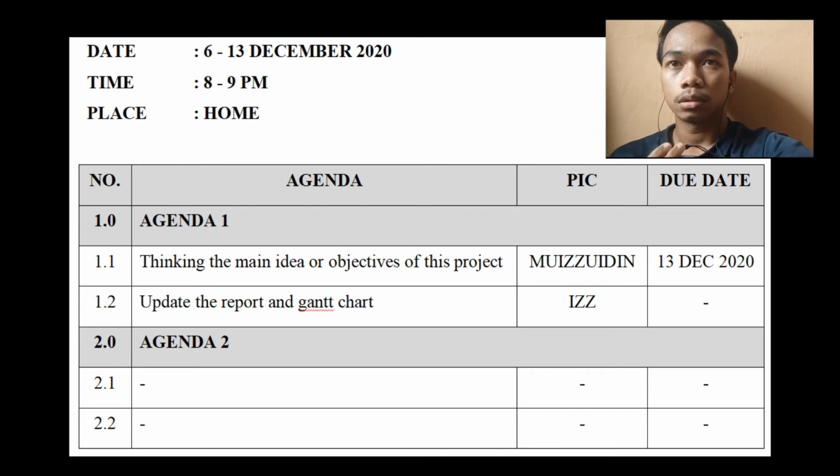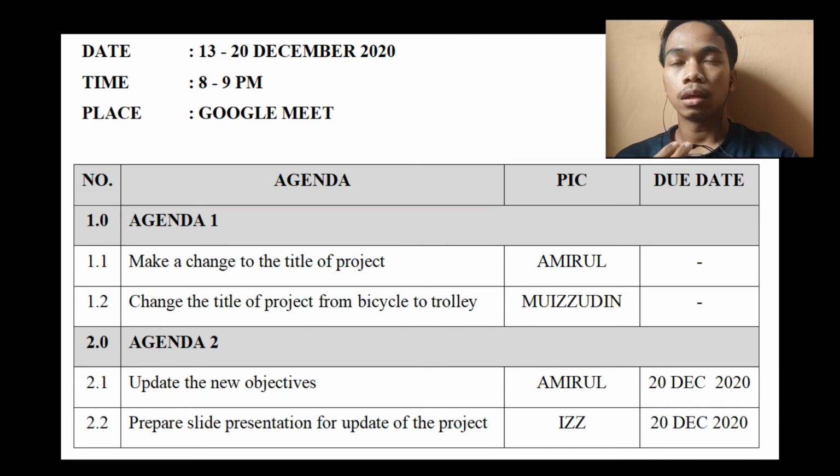For the next mini meeting, 13 until 20 December 2020, time 8 until 9 p.m. The place is through Google Meet. The first agenda for this meeting, we make a change to the title of the project, helped by Amirul.